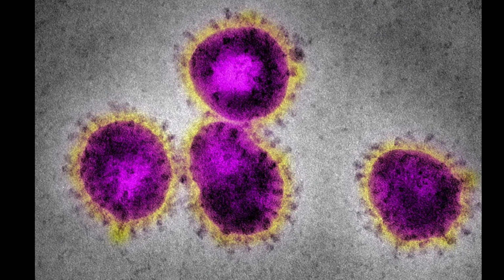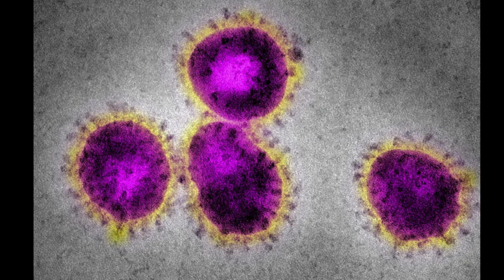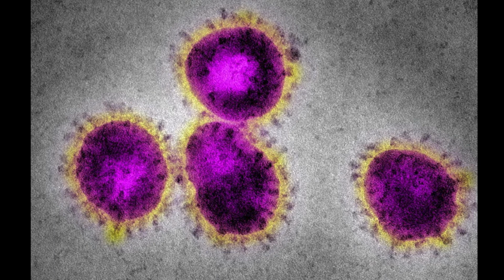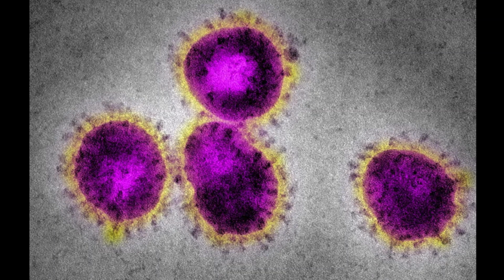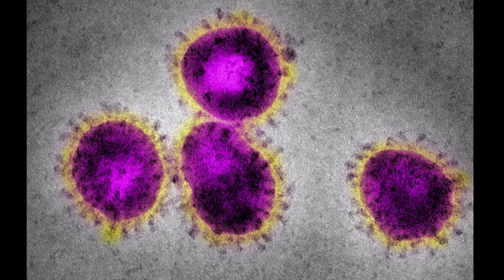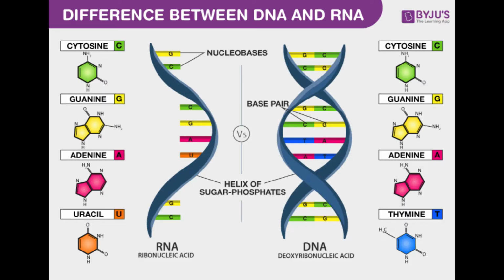The Coronaviridae family are large, enveloped, single-stranded RNA viruses, meaning that their nucleic acid material is made out of ribonucleic acid, which is long for RNA. Compared to DNA, which is deoxyribonucleic acid, RNA stands out in three ways.